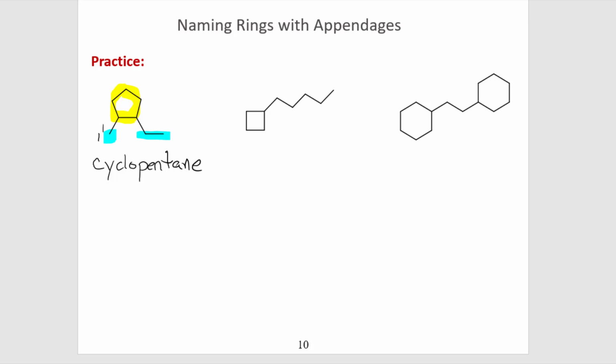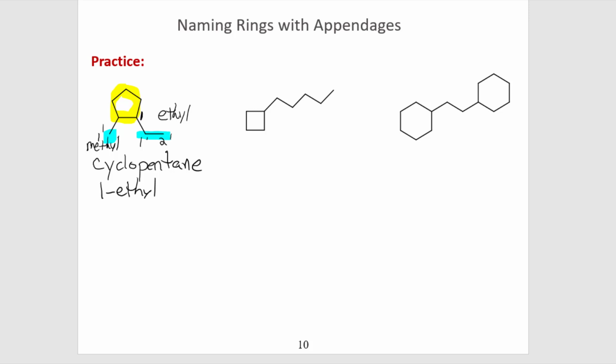Here's a 1' and a 1', 2'. So I have an ethyl group and I have a methyl group. I'm probably going to want to start with an alphabetically. So E comes before M. So I'm going to number my parent chain 1 at the ethyl, so that I have a 1 ethyl. That's the lowest number I can get, and I should put it first.